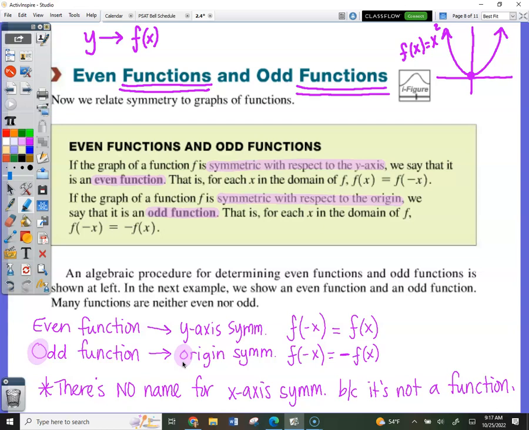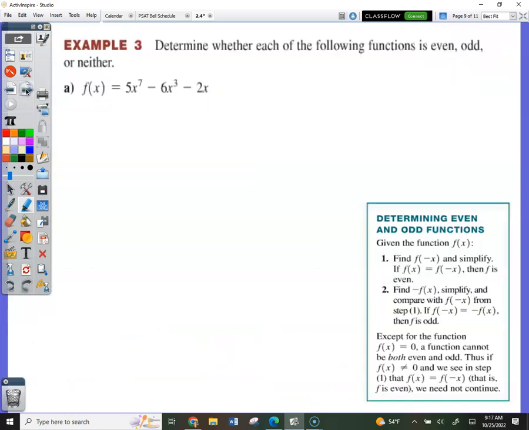So I always tell myself, think of the mother function quadratic. It's symmetrical over the y-axis, and it's an even power. So if it asks me to check if it's an even function, I'm checking with symmetry to the y, which means I'm plugging negative x in. Okay? All right, that's how you're going to memorize that stuff. Now let's actually look at the algebra.